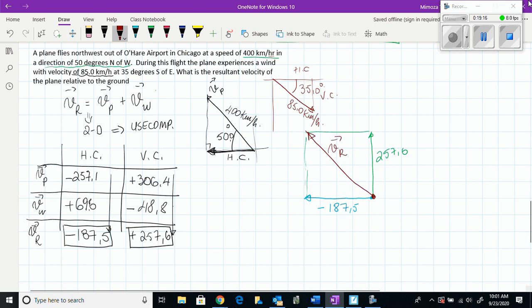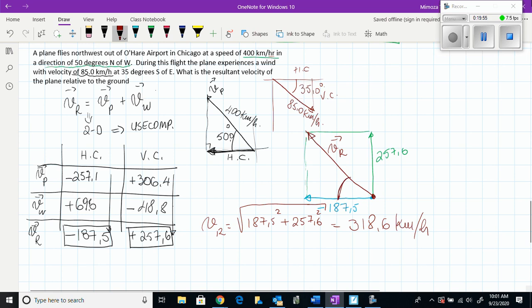The magnitude of the resultant will be the square root of 187.5 squared plus 257.6 squared, the whole thing square root, will be 318.6 kilometers per hour.